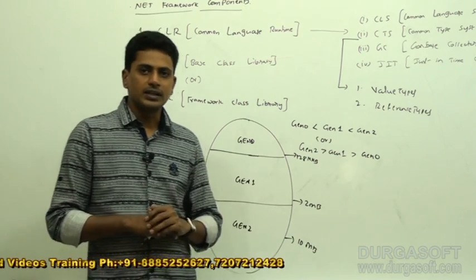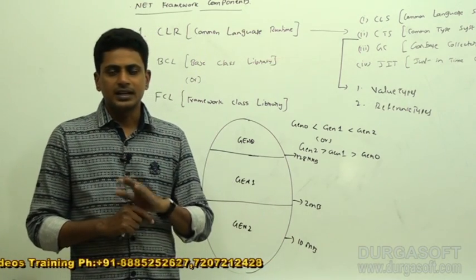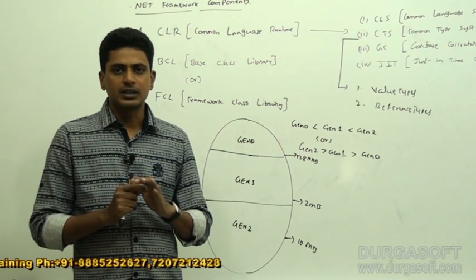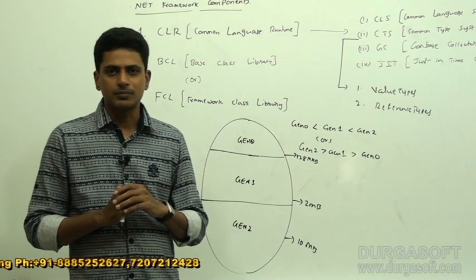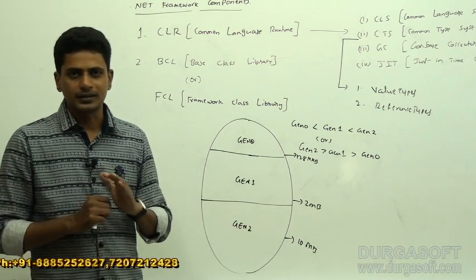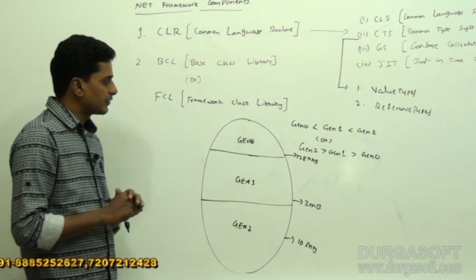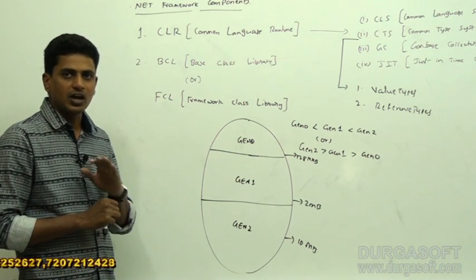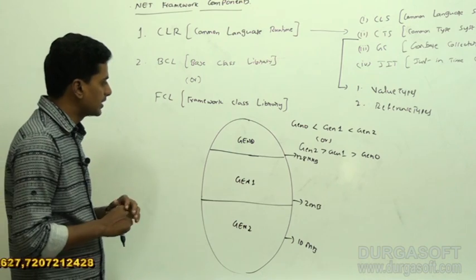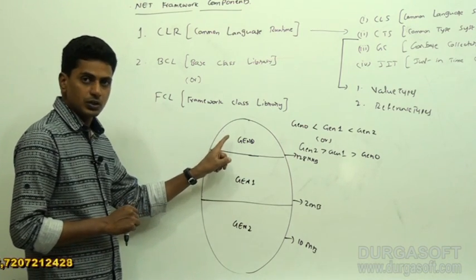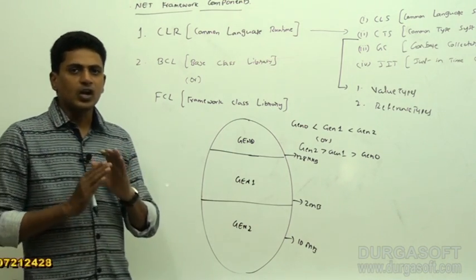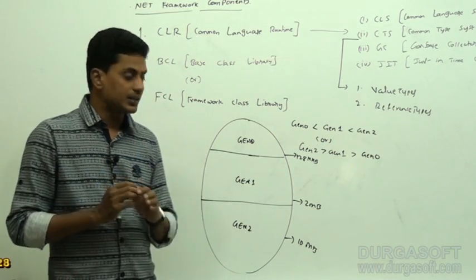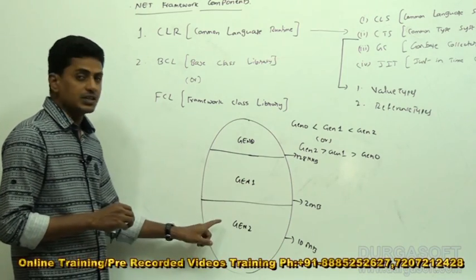One more important thing in the garbage collector: there is a thumb rule, a constant rule. The garbage collector compulsorily should accept a newly created object into generation 0 only. Whatever objects the programmer or application creates, all newly created objects must be stored in generation 0 only. The garbage collector has no right to place newly created objects in generation 1 or generation 2.